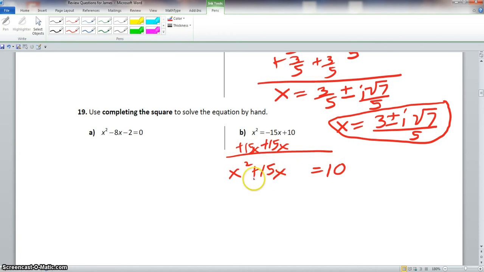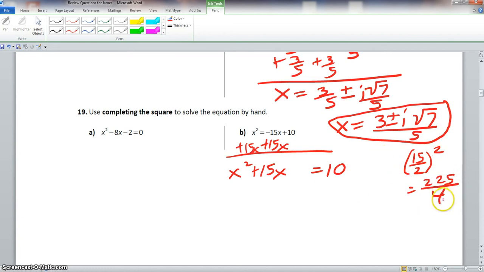Now for completing the square, we would take whatever our b value is, which we know here is 15. We would divide by 2 and square that. Now we know 15 to the second power is 225, and 2 to the second power is 4.